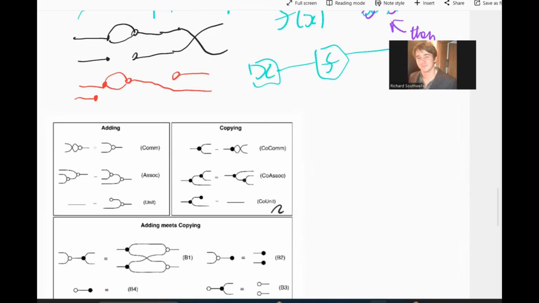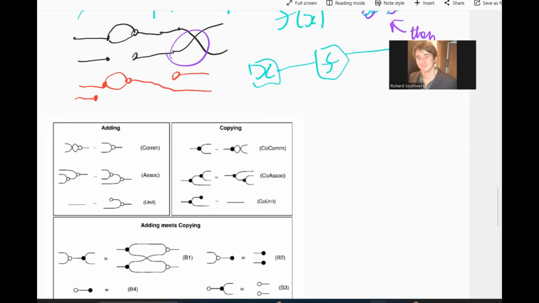I don't think I could describe this anything like as well as he does there, so that's well worth checking out. But the point is that we can basically get from here to here.